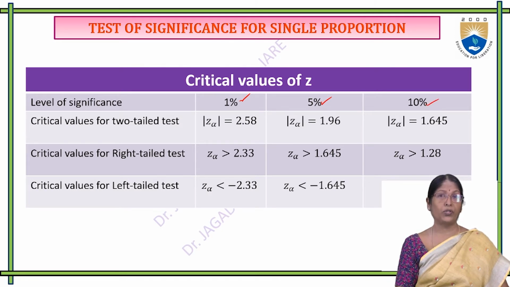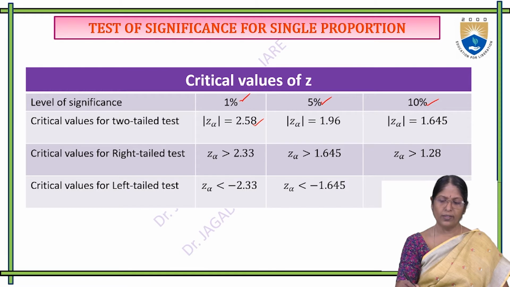For the two-tailed test, under the normal curve the total area is always 1. Between minus 2.58 and 2.58 the area is accepted, and the two shaded regions on the sides are rejected. We will discuss that while solving the problems. These tabulated values play a crucial role in deciding to accept or reject.